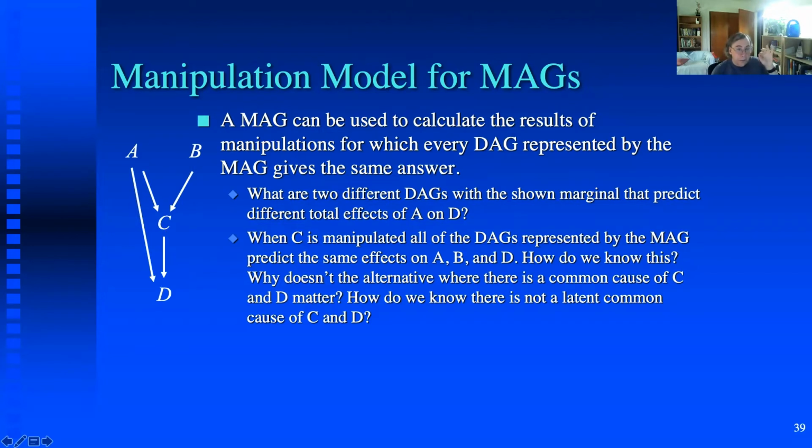It's going to affect D through this path here, and there's not going to be any unmeasured confounding which messes up my estimate. So I have a partial manipulation model for MAGs. That is, I can tell you in some cases what the effect of a manipulation is going to be, and in some cases I can't.